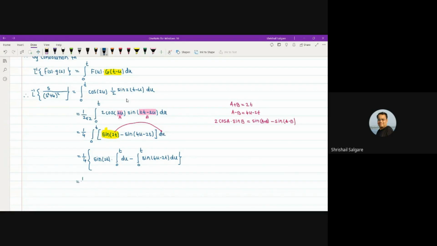So once again outside 1 by 4 as it is, this sine of 2t as it is.